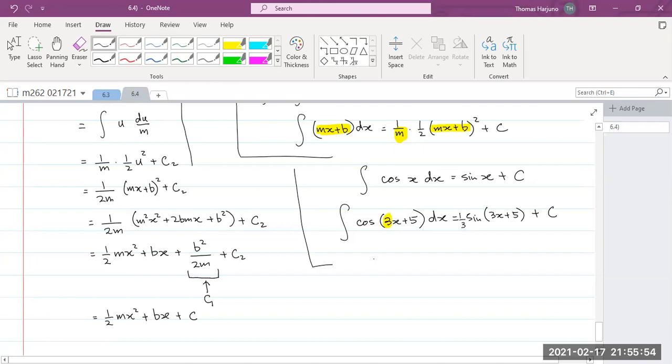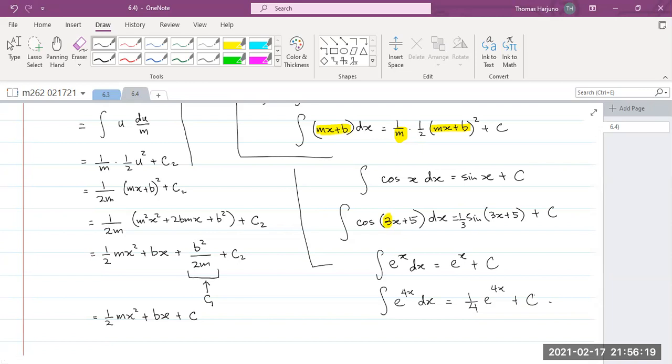If the integral of e to the x dx is e to the x plus constant, what will happen to the integral of e to the 4x dx? You will see that's 1/4 e to the 4x plus constant. That's what happened.